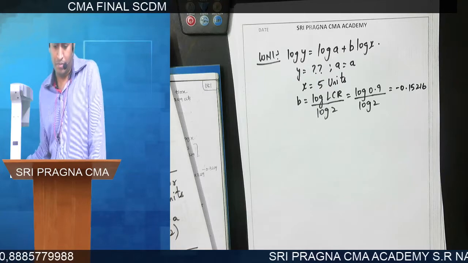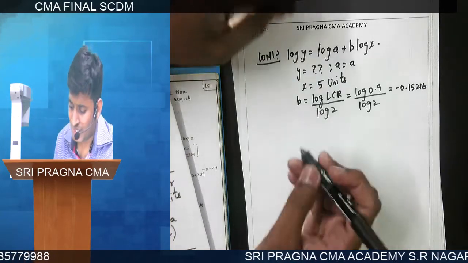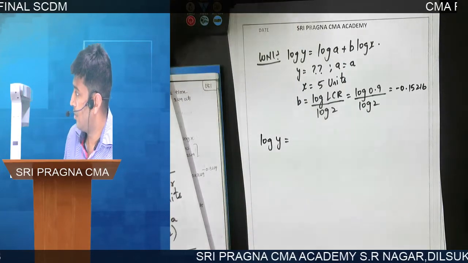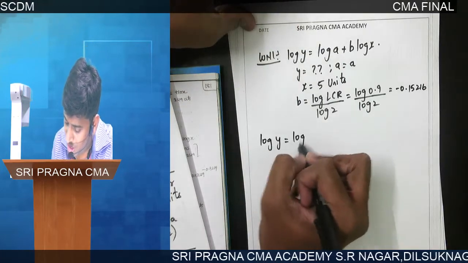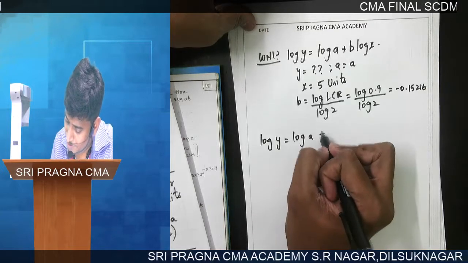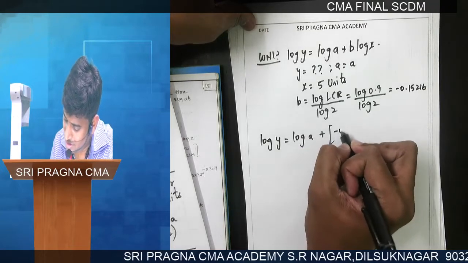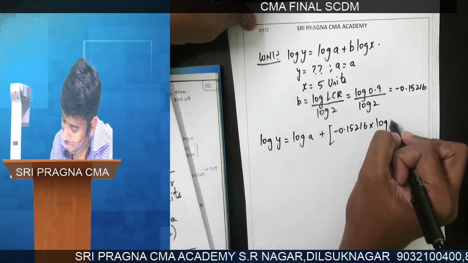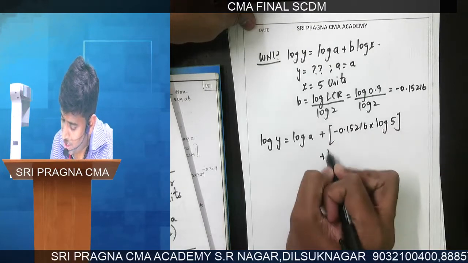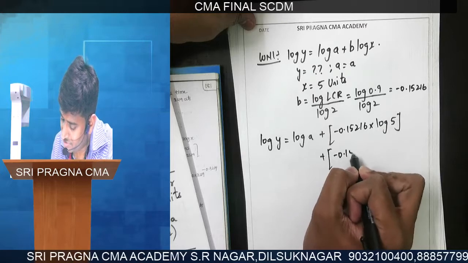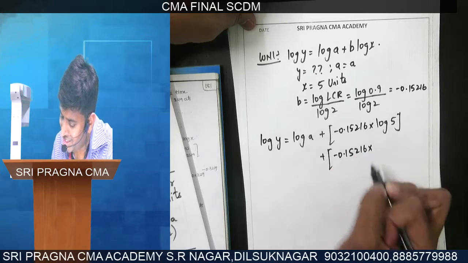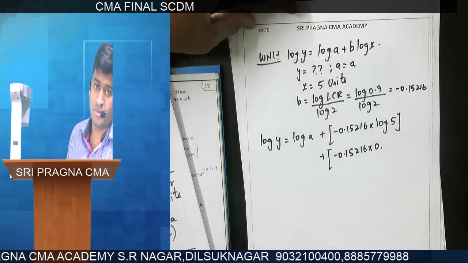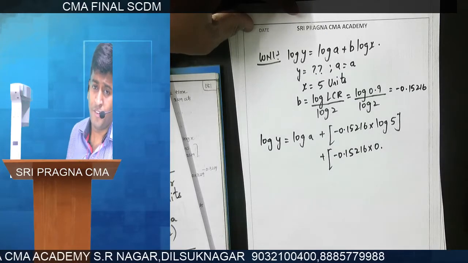Okay, let's see how we calculate. Listen, log a will be log a plus of minus into log 5. log 5, how many digits? So it will be 0 point. Correct? 50 under 0, check.